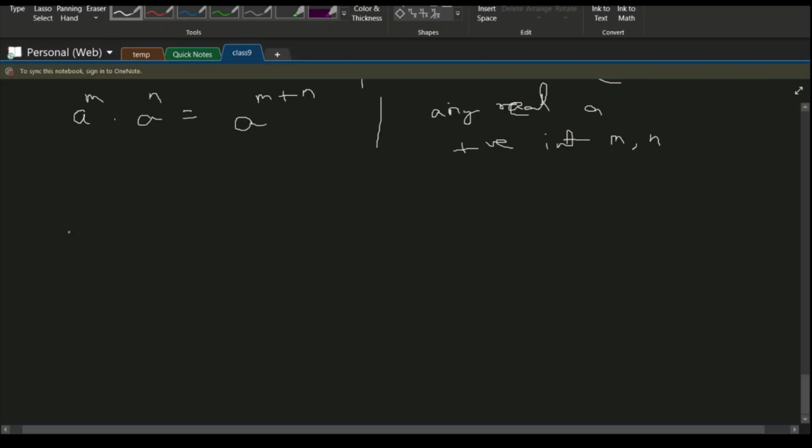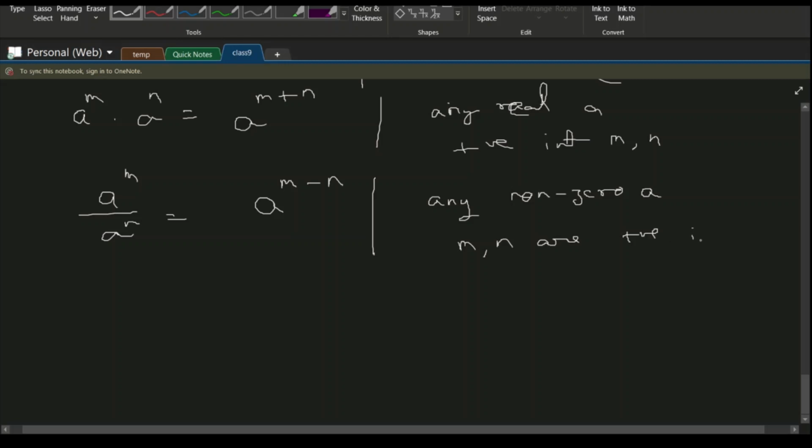So that's that. A to the power m by a to the power n becomes a to the power m minus n, and this holds good for any non-zero a, and m and n are positive integers.